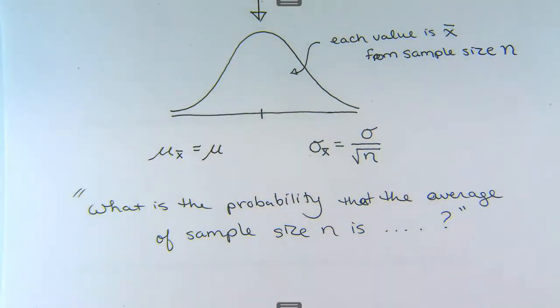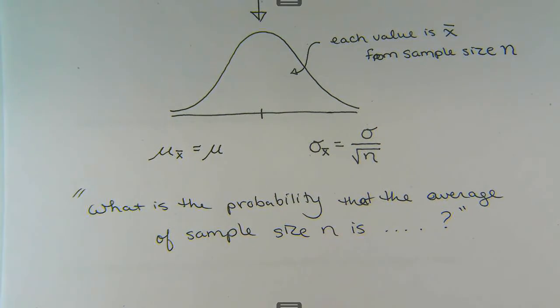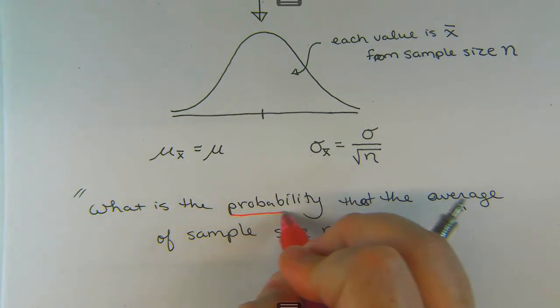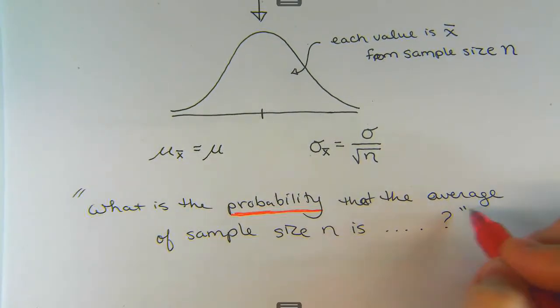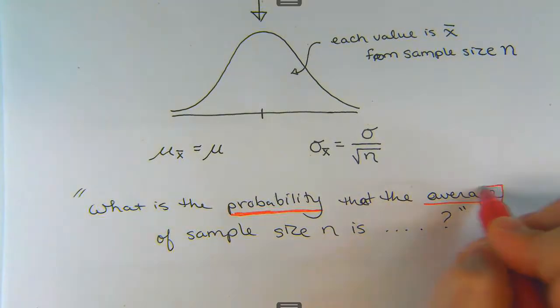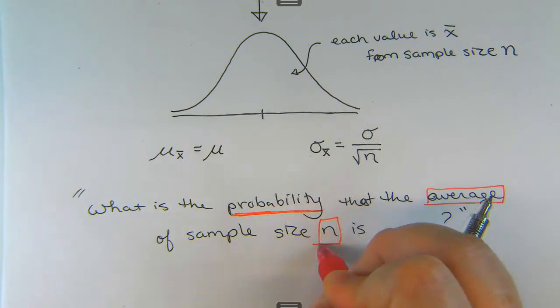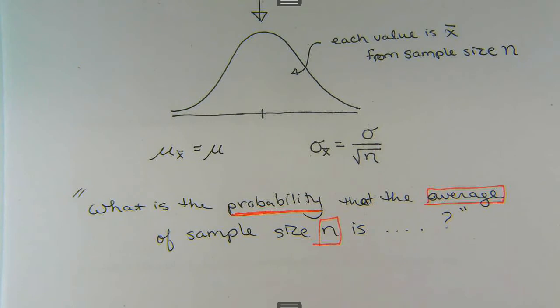But the key wording that we want to look out for here is this idea of looking for probability, or we might even be asked about cutoff values of an average value from some sample size. This average and sample size are going to go together, and it's the idea of finding probabilities with that.